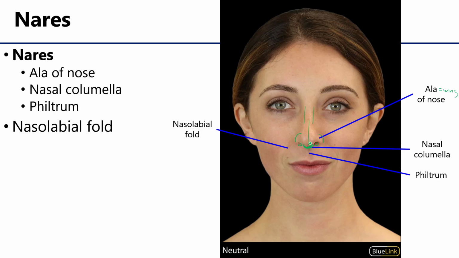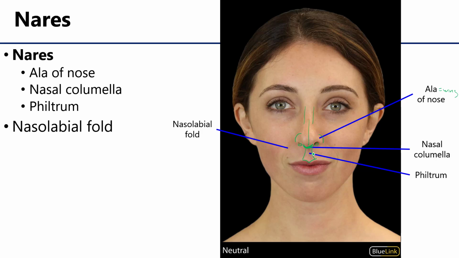And as we move even more inferiorly down the face, we'll come to the upper lip and a bit of skin called the philtrum. So that philtrum has a slight indentation, and it is part of the contour of the upper lip.